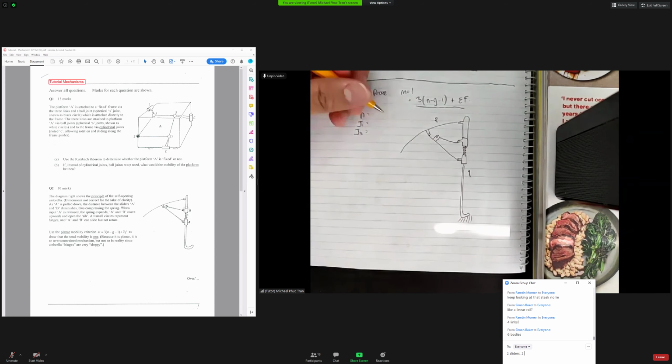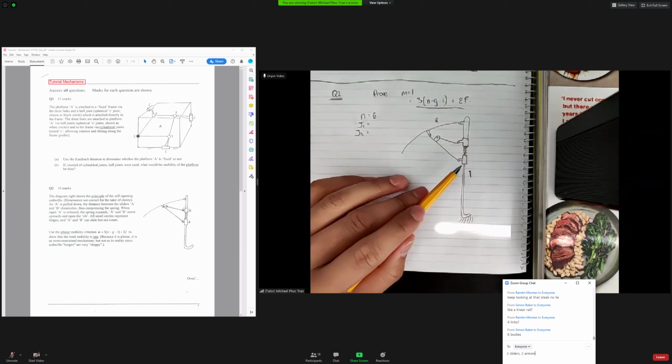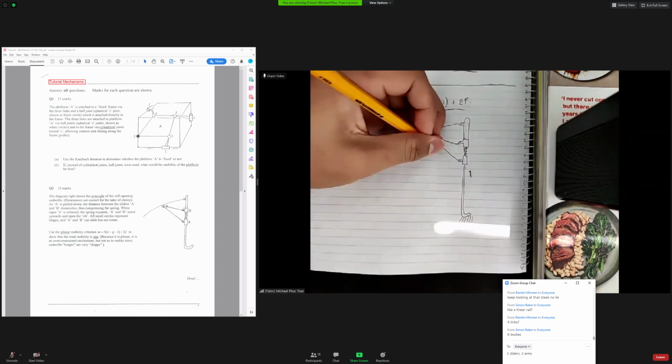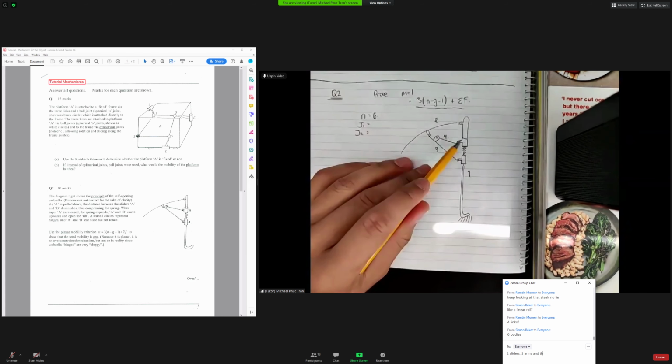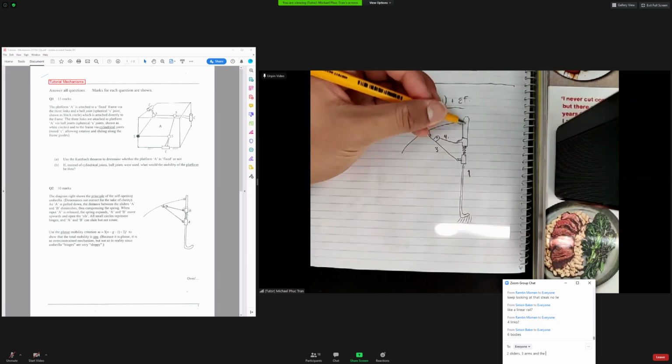I'm counting 6 as well, because you have your 4 rigid bodies, 1, 2, 3, 4, but you have to count the connection between this body and the umbrella body itself.